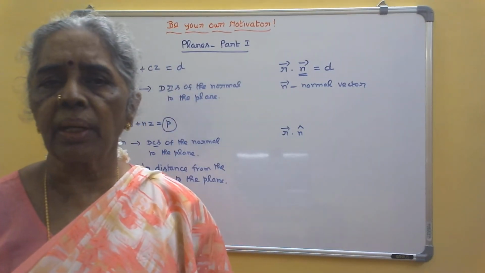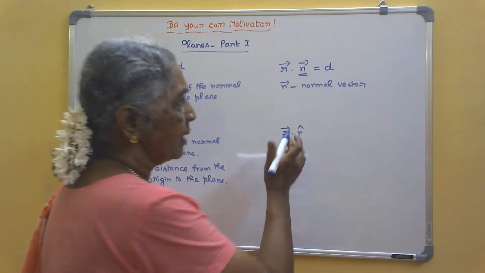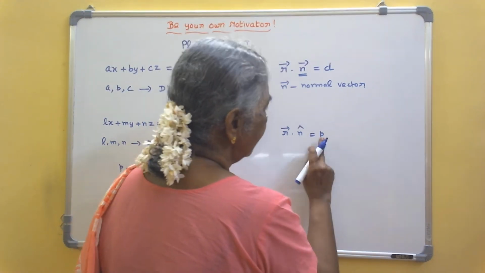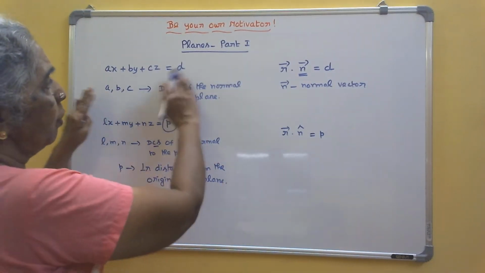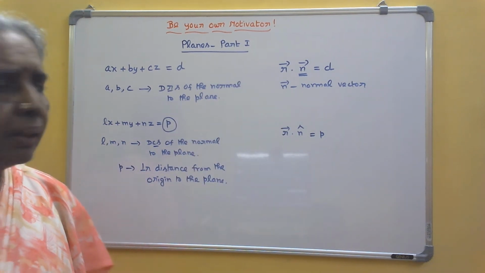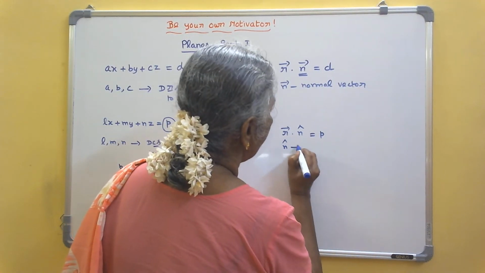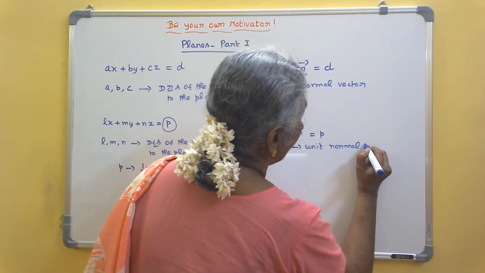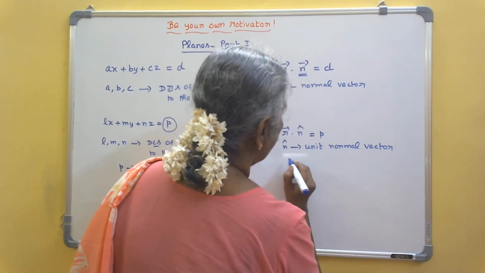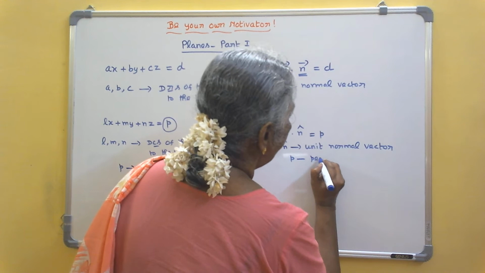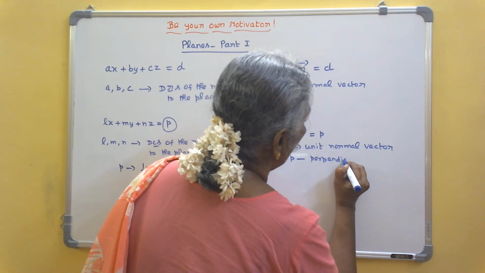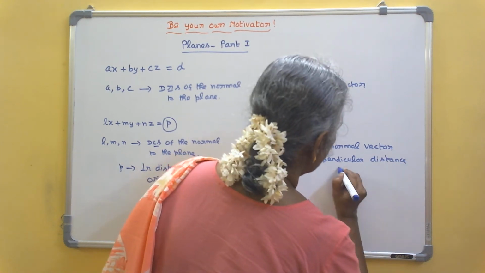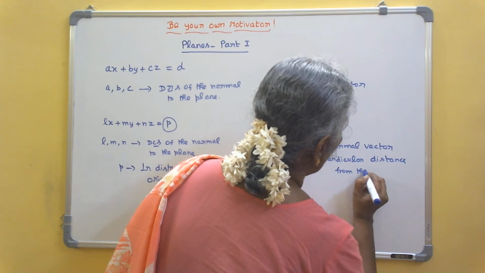Here n cap is the unit normal vector. But generally in your textbooks they would have used d. But I want to give the corresponding equations here. So here the n cap represents the unit normal vector. And this p is the perpendicular distance from the origin.